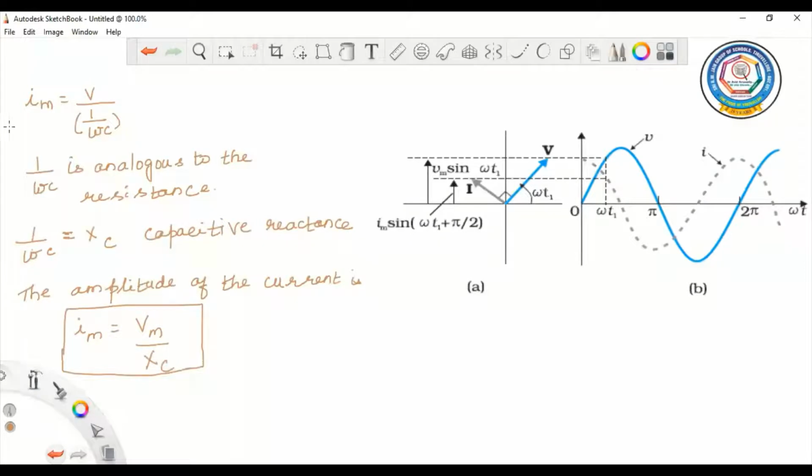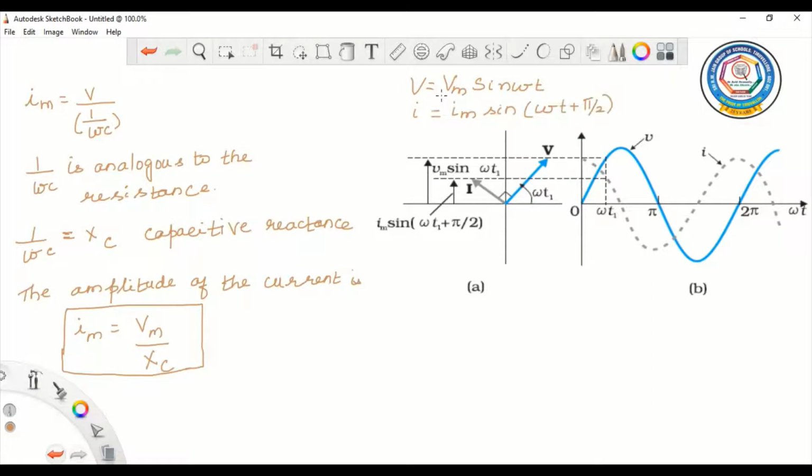Now, let us see the phase relationship between voltage and current. We know that V is equal to Vm sine omega t, and we already know this current I is equal to Im sine omega t plus pi by 2.